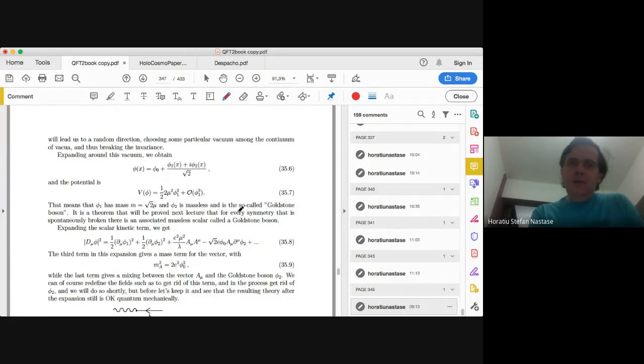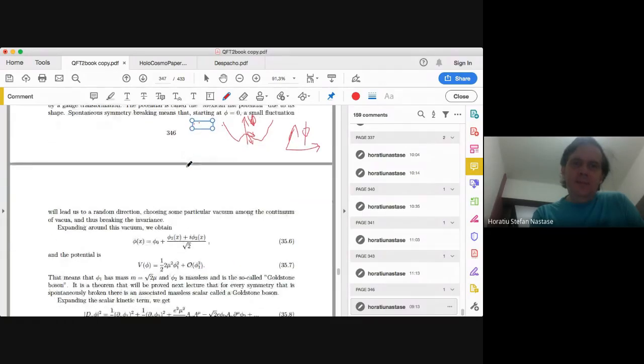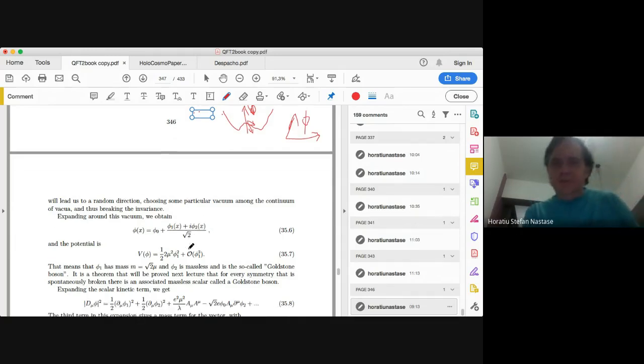So then, expanding around this particular vacuum, we can write phi of x is the vev, phi 0, plus a real part and an imaginary part. And the real part I choose to call phi 1 of x over square root 2, and the imaginary part phi 2 of x over square root 2.